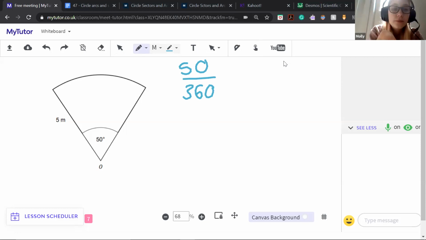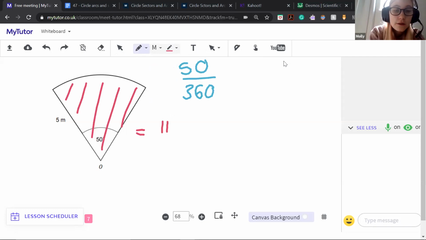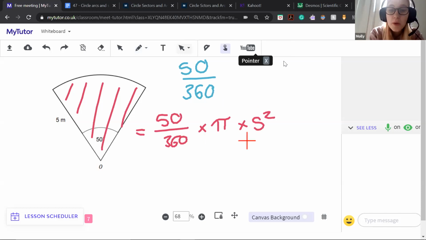So for example, let's say we want to find the sector area. So the area of this bit here. That's going to be 50 over 360 of pi r squared. Because pi r squared, so pi times 5 squared, tells us the whole area of if we join this up and made it into a full circle. But then this section is only 50 of those 360 degrees.